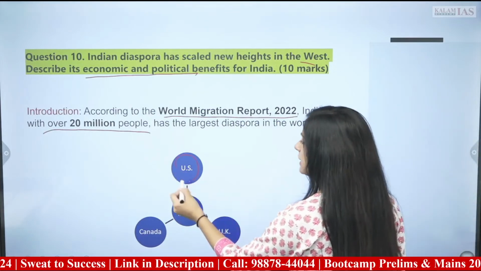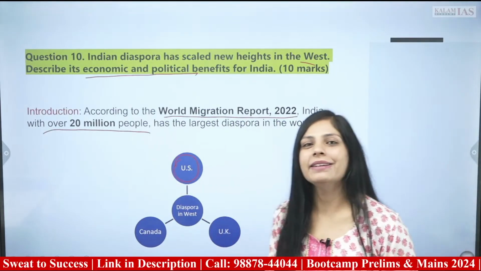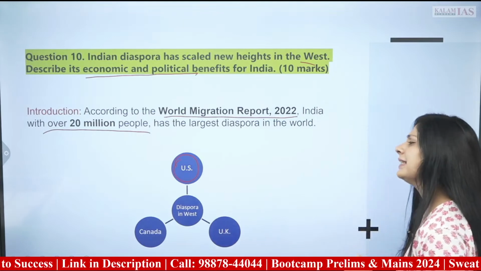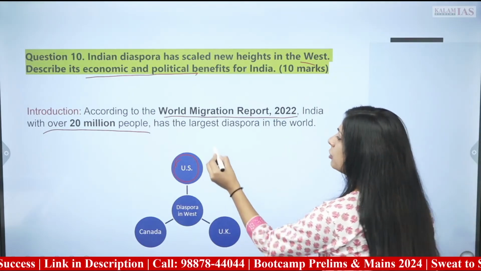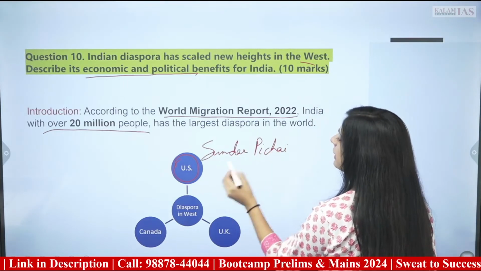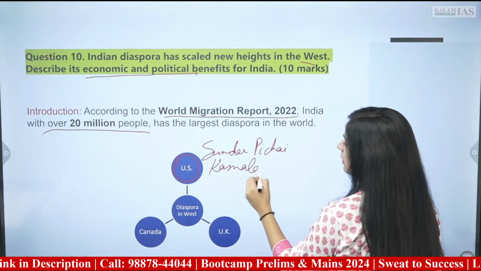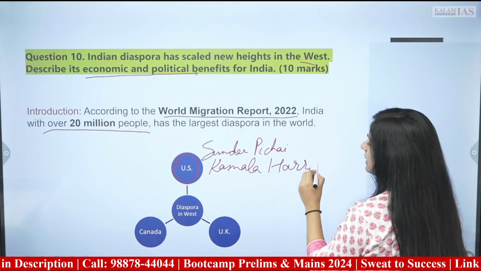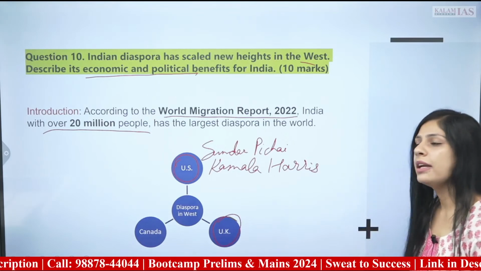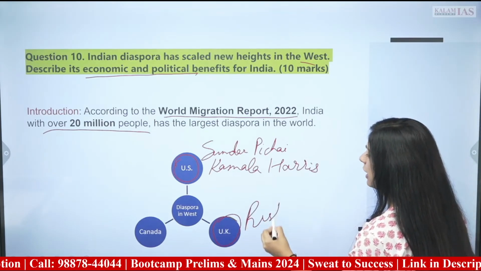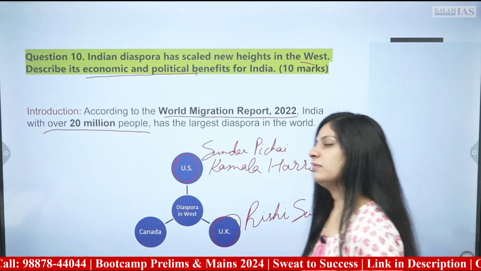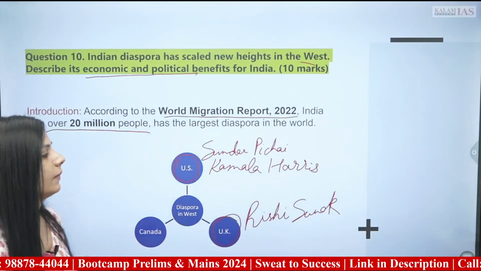For example, from the United States, who all come to your mind when we take examples of diaspora from the United States? We have many examples. You can take a few such as Sundar Pichai, right? Or you can take the example of Kamala Harris, the Vice President of the United States, right? In another country, the United Kingdom, Britain, you can take the very popular example of Rishi Sunak, Prime Minister of the UK, right?